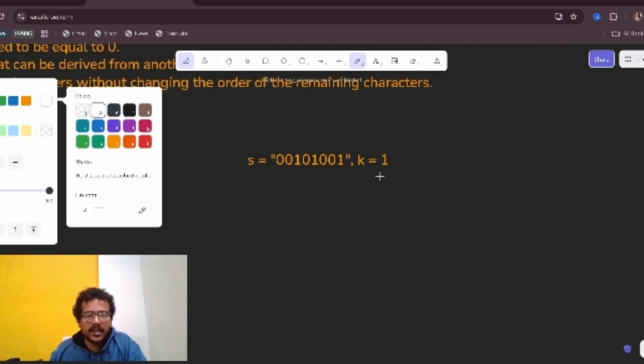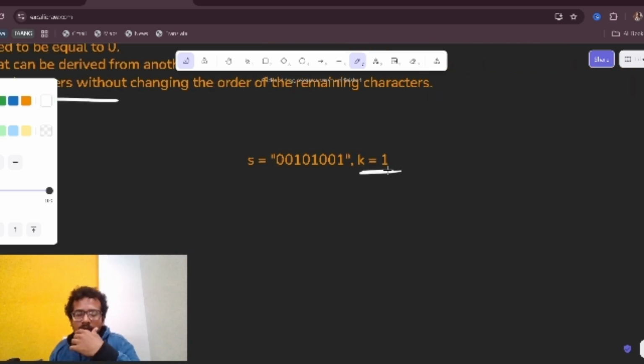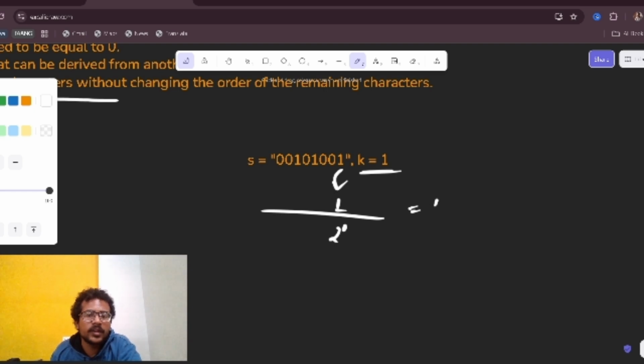Now let us look at this example where k is equal to 1. What I'll do is take this 1 firstly. 1 into 2 power 0 is 1. And if I take this 0, 0 into 2 power 1 is just 0. 0 into 2 power 2 is just another 0.